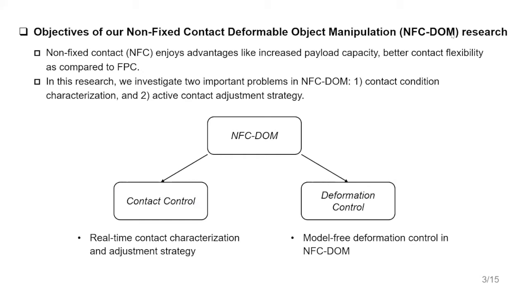The second one is its active adjustment strategy, since when the contact condition becomes bad or unqualified, the robot should be able to make adjustments so that it can regain a good contact condition for the manipulation. Besides that, we have to integrate the adjustment of contact and the deformation control usually involved in deformed object manipulation tasks together.